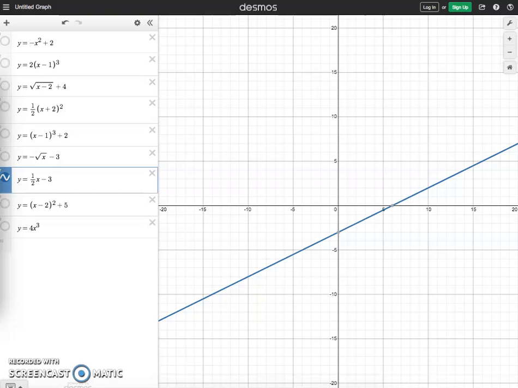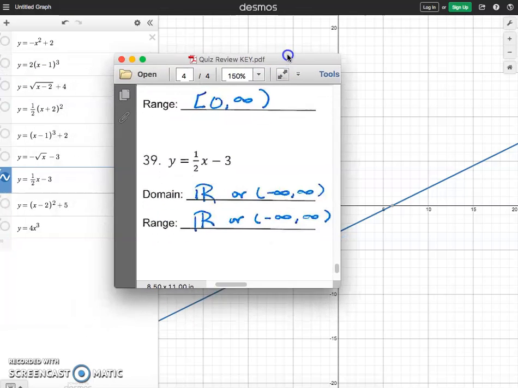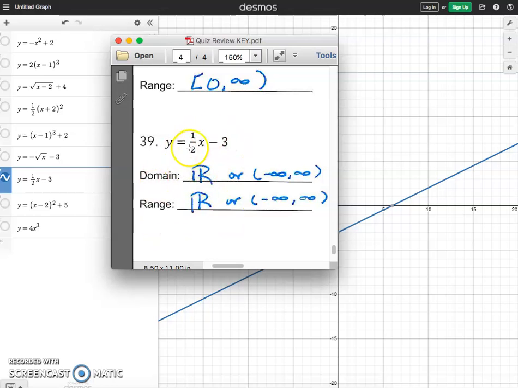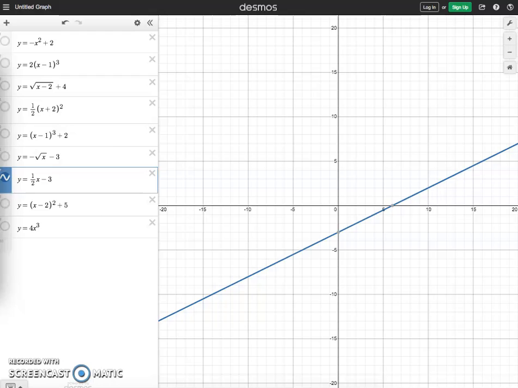I'm pulling up how we should have written it once again. One second. Okay, here it is. So for number 39, you use the R or the interval notation. Looking at the graph, left to right, it's always defined. Down to up, always defined.